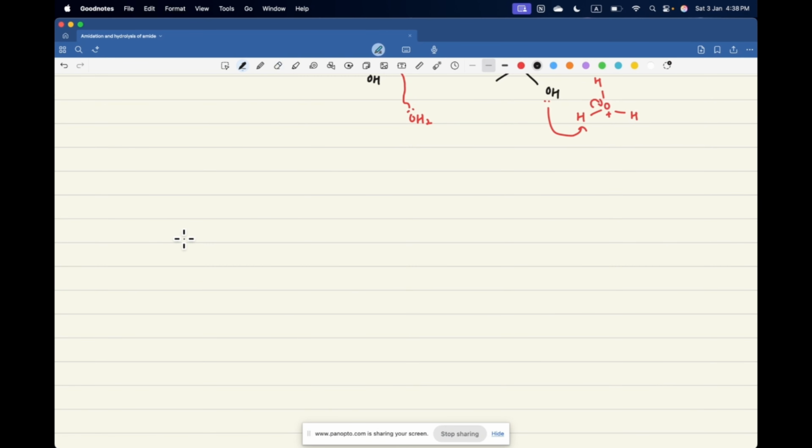Alright, so now let's talk about something special about the amidation, particularly with the acyl chloride. This is a bit special because it requires a different amount of base. If you look through this reaction, what we'll get is an amide, with this H going to grab a proton, right?